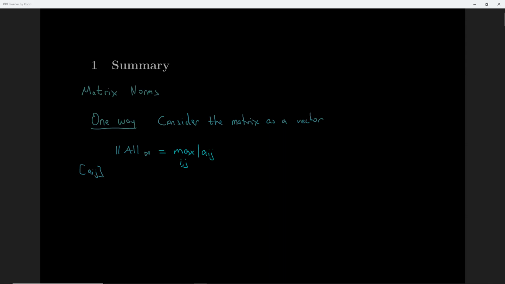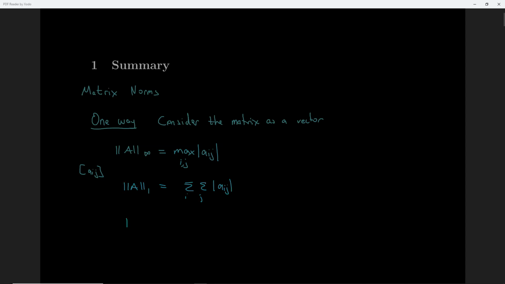So it will be something like this. So I unwrap the A matrix entries into a vector and use the vector norm definition here. Or similarly, you can define the L1 norm of the matrix by saying that it will be simply equal to summation of its absolute value of its entries.